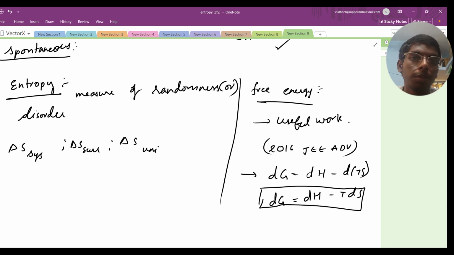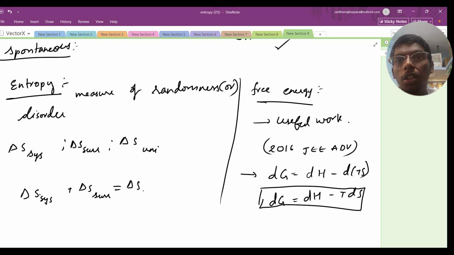As we discussed in the previous video, the universe is everything, the system is the part we are speaking about, and the surroundings are everything except the system. Delta S system plus delta S surroundings is equal to delta S of universe.